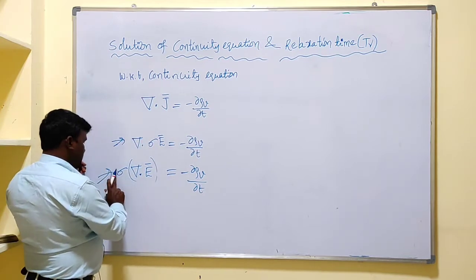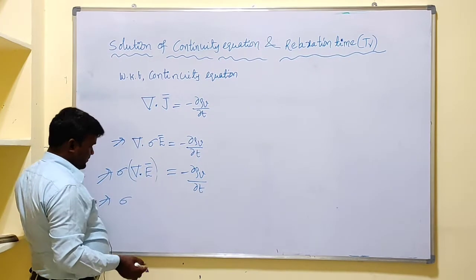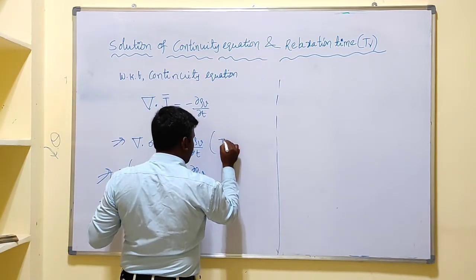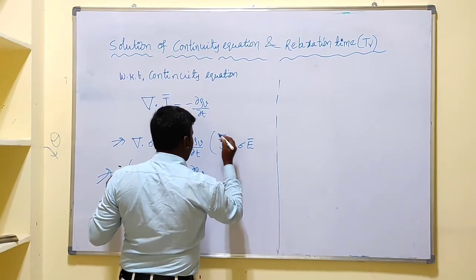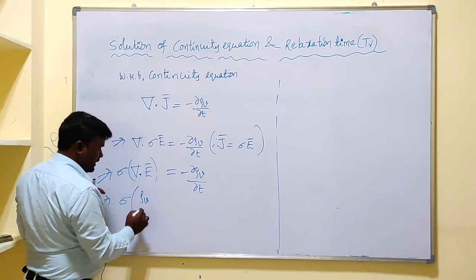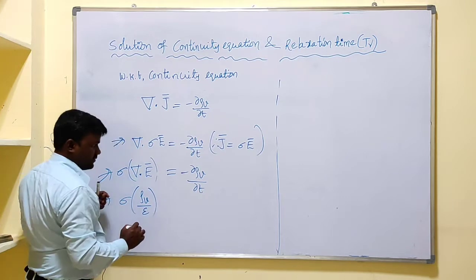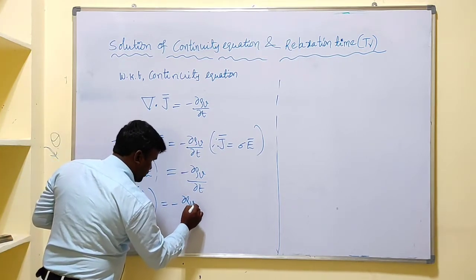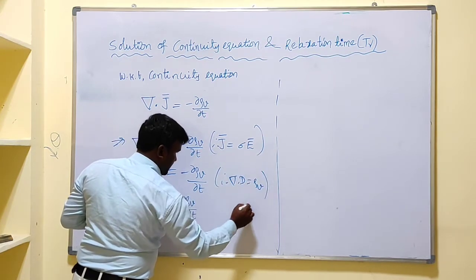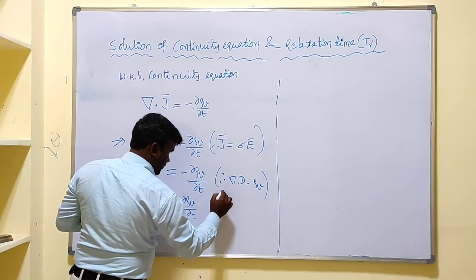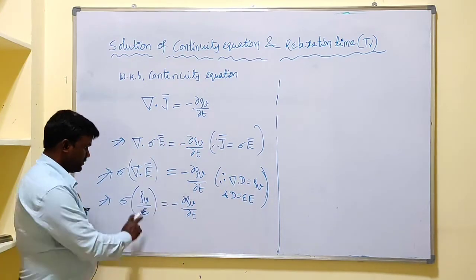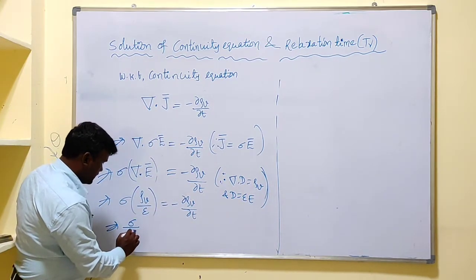Now let us simplify this. Here J is replaced with sigma into E, and del dot E is rho v by epsilon, since del dot D is rho v and D equals epsilon into E. So finally we get sigma by epsilon into rho v.